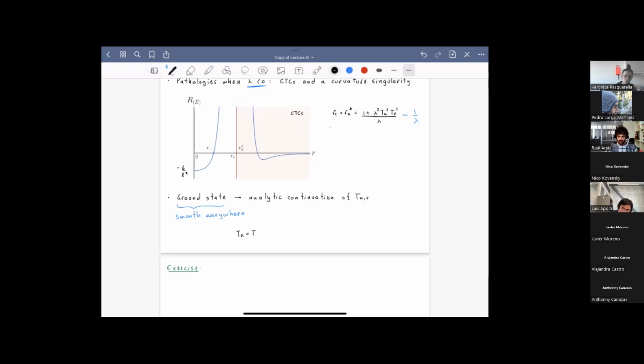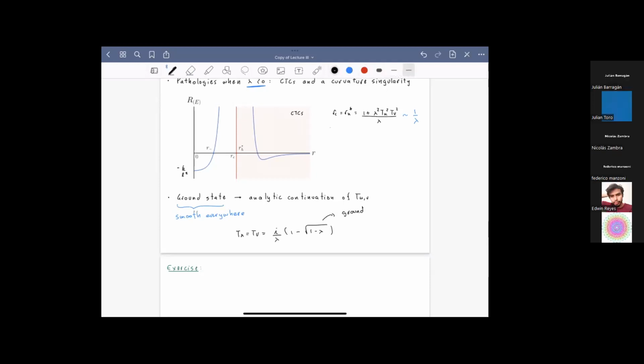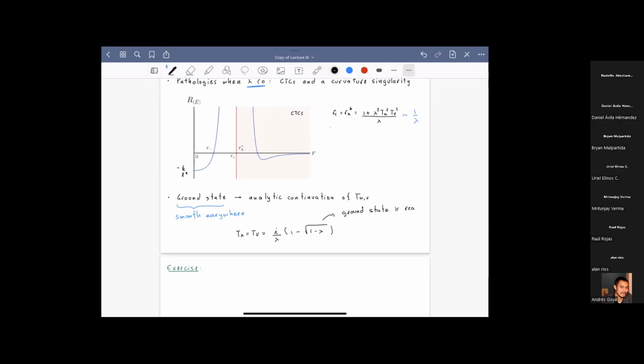T_U and T_B are going to be equal to i over lambda times (1 minus the square root of 1 minus lambda). And the interesting thing about this analytic continuation is that it depends on the deformation parameter. In particular, you can see here that for the ground state to be real, it is only possible if lambda is less than or equal to 1.